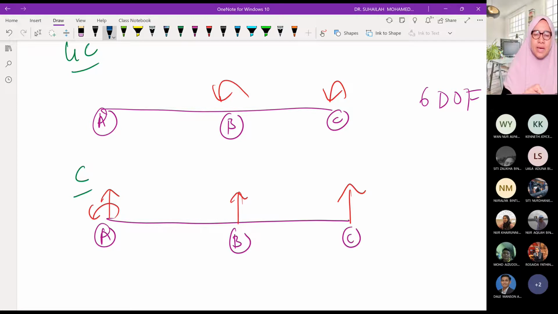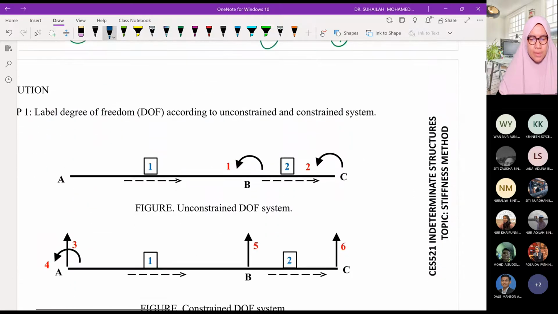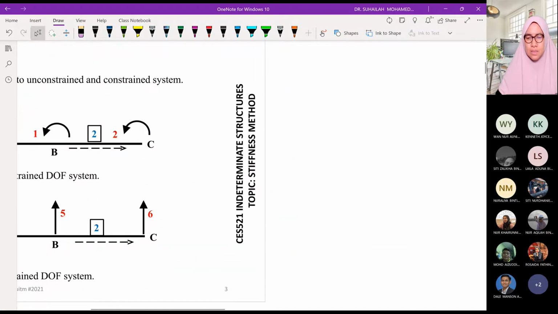So we can label as this: 1, 2, 3, 4, 5, and 6. We can label starting from anyone that we want. We can also choose this as 1, 2 if we want, it doesn't matter.